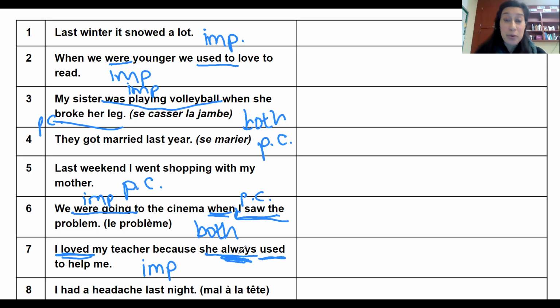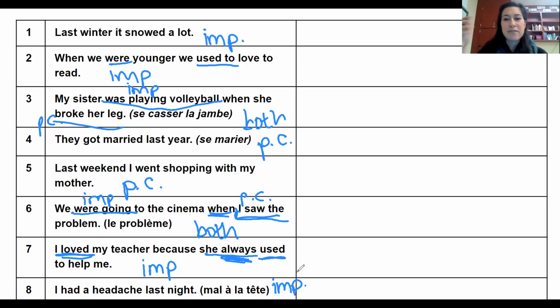It probably could be both, actually. You could either use imparfait or passé composé. But most of the time, I would put this in imparfait because it's just describing how you're feeling or your ailment. Arguably, you could use passé composé. Okay, so I would choose to put imparfait.